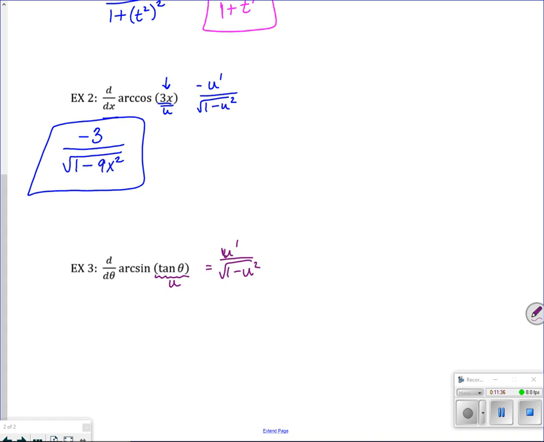It's just my u is a little more complicated. So I would have the square root of 1 minus tangent squared of theta. And then on top, the derivative of tangent is secant squared of theta.